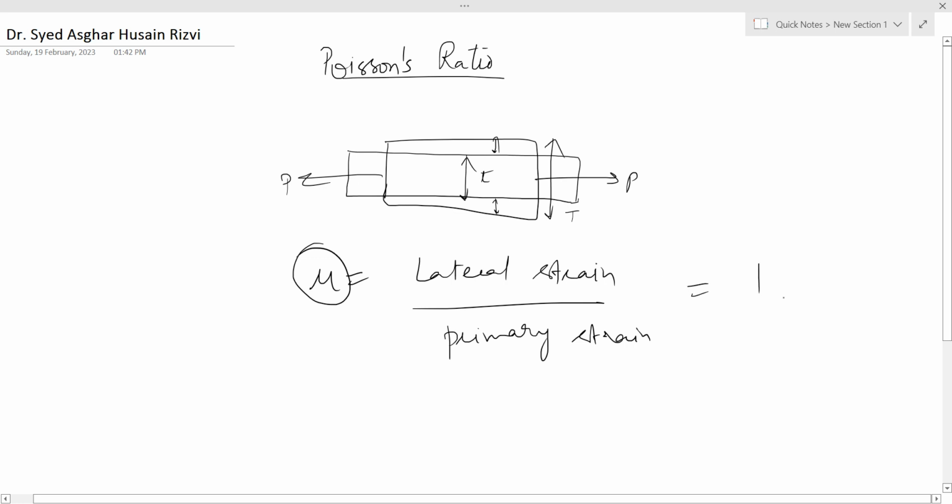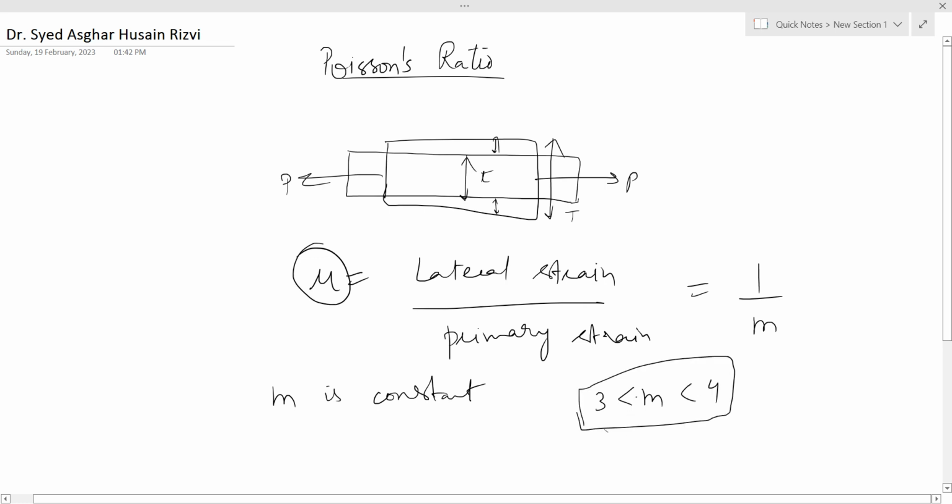It is also denoted by 1 upon m, where m is a constant and its value lies between 3 and 4. M is greater than 3 and less than 4. This is the range for m for different materials.